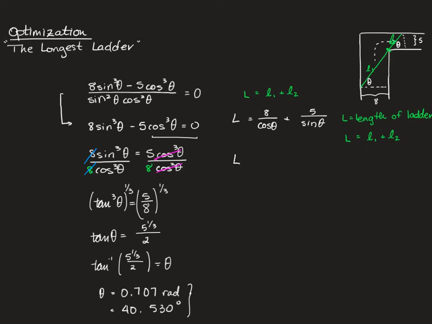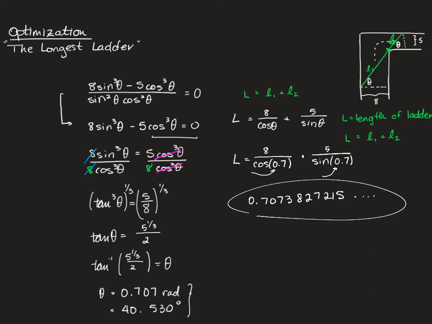So while I'm writing 8 over cosine of 0.7 plus 5 over sine of 0.7, when I do this calculation on the calculator, I'm using not 0.7, but 0.70738272215, and the calculator remembers even more. So I'll do this calculation by writing these placeholder approximations in here, but when I actually do the calculation, I'm using the entire calculator's memory for that value.